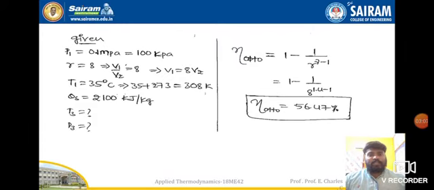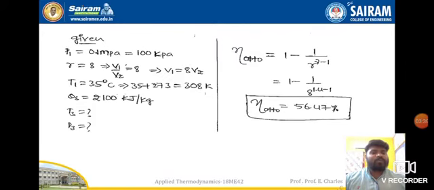Heat supplied QS is equal to 2100 kilojoules per kg. We need to find out the maximum temperature and maximum pressure, that is T3 and P3. It is very easy to find out the efficiency because the compression ratio is given directly in the problem.